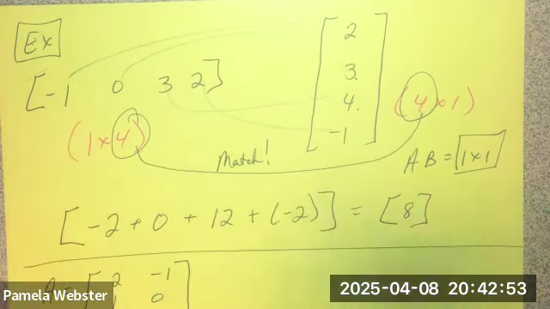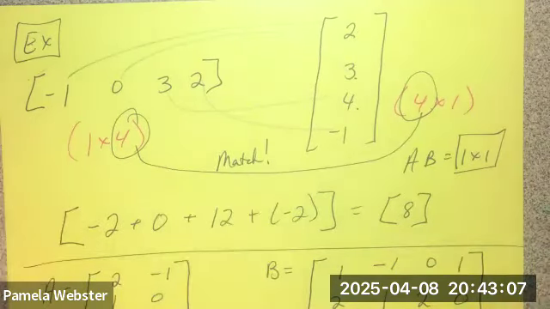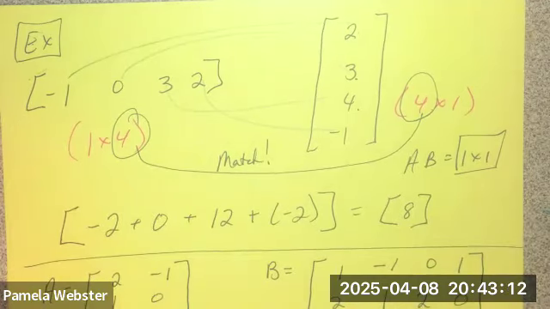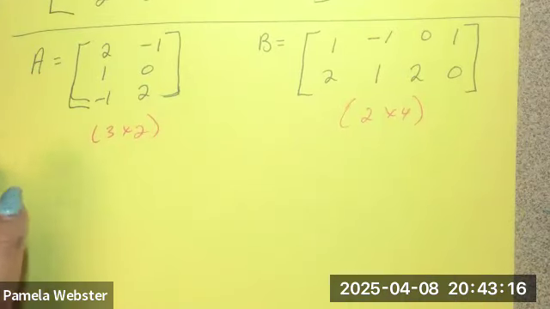And then B is going to be 1, -1, 0, 1, 2, 1, 2, 0. So how big is that? That's a 2 by 4, right? Okay. Sorry, let me scoot that up. So that gives me 2 matrices.